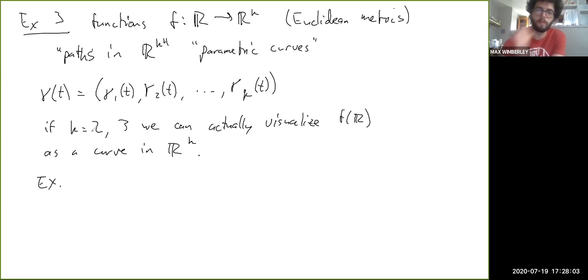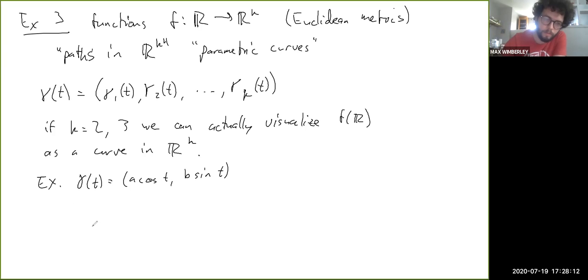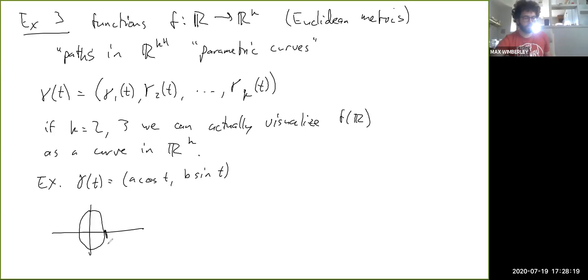So let's say gamma of t is a cosine of t, b sine of t. You've probably seen this in Math 53. You end up with an ellipse whose width along the x-axis is, I believe, a, and then the height along the y-axis is b, right? Or the total width is 2a, and the total height would be 2b, I guess.